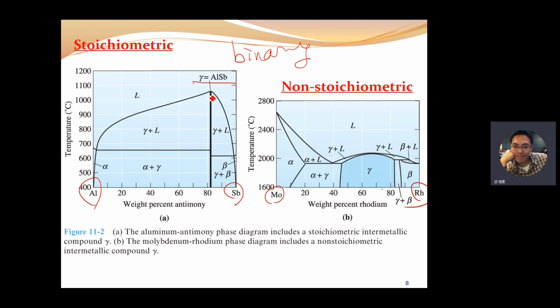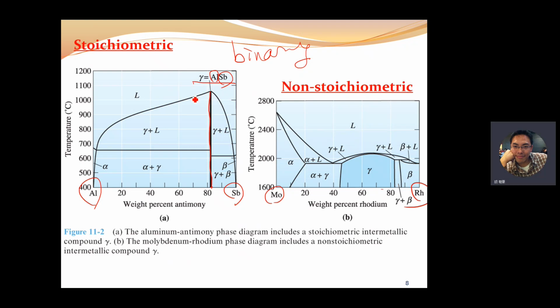It's the gamma phase, composed of two elements, aluminum and antimony, and it has a fixed composition only here, about 82% antimony.